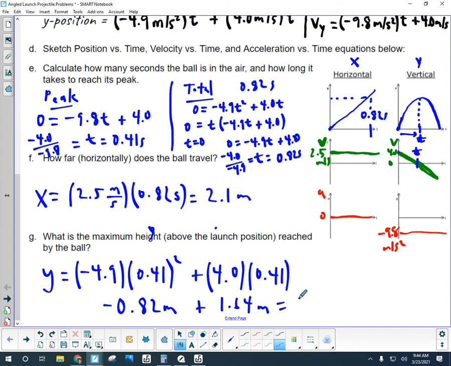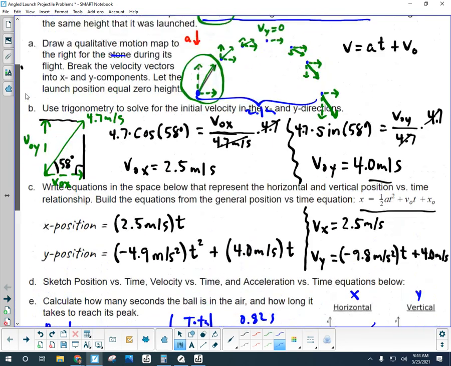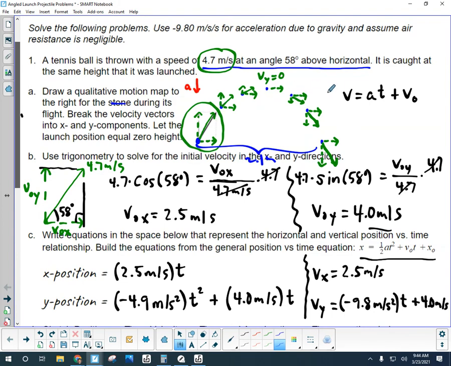And if I add them up, it should be positive 0.82 meters. So not quite a meter of height gained at its peak. Okay, so that would be this height, 0.82 meters.